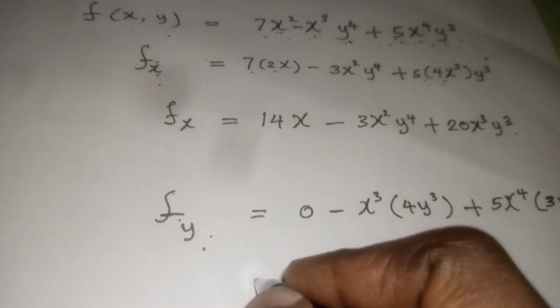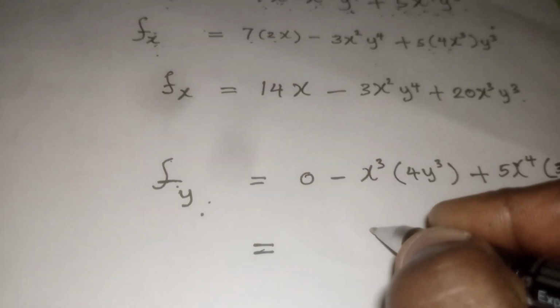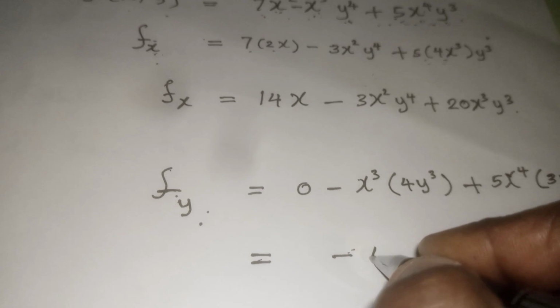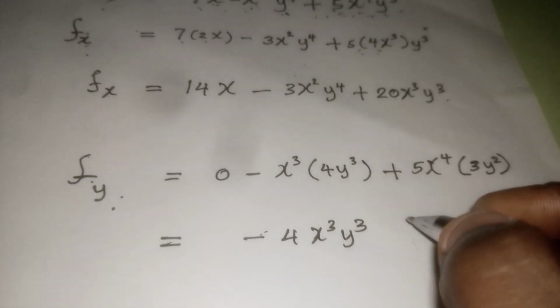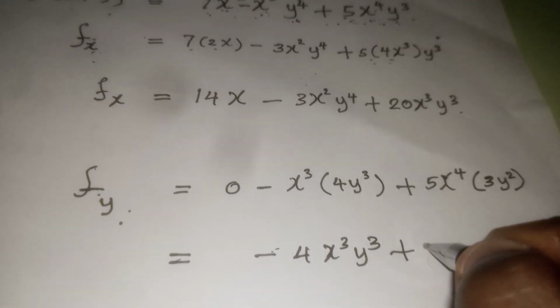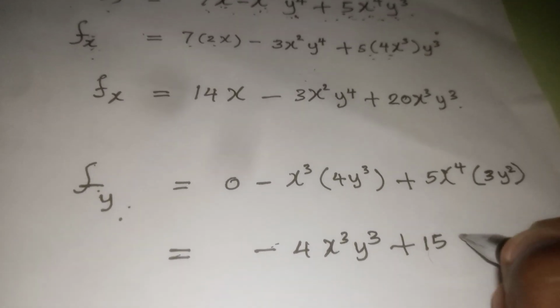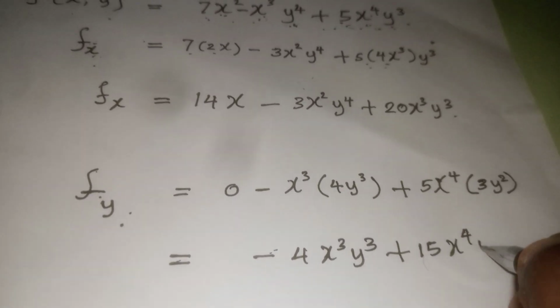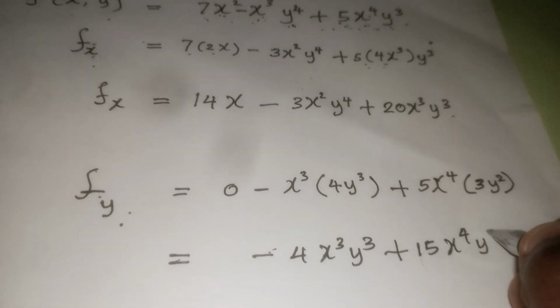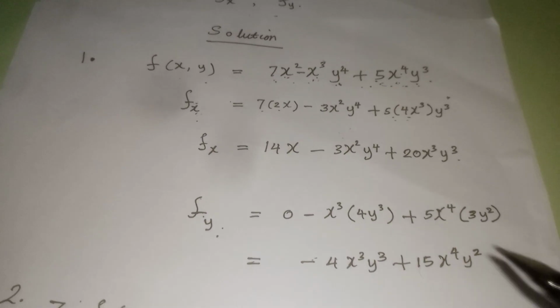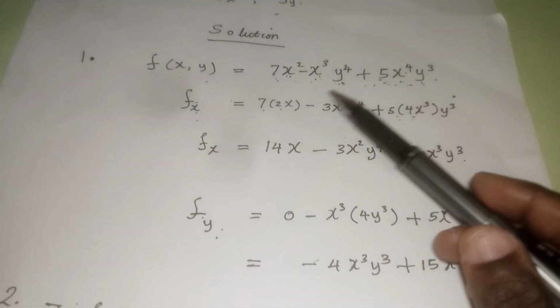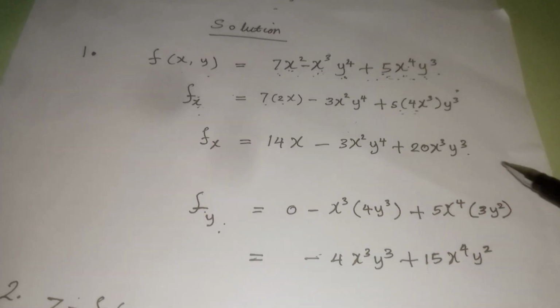Therefore, if we simplify, we get minus 4x cubed y cubed plus 15x power 4 y squared. These are the solution of problem number 1.